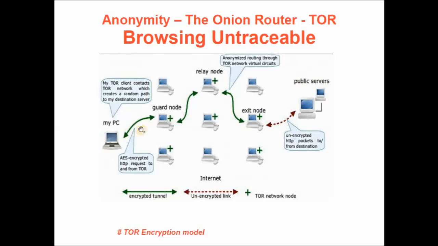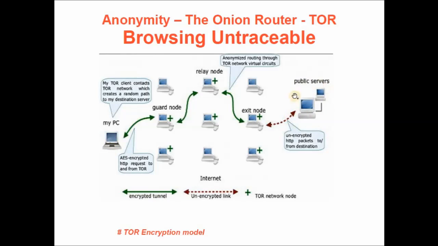So your connection will be encrypted. As you can see, the green lines are the encrypted connections, and the red one is not encrypted. So the red one is insecure and the green one is secure. What happens in this case is that your IP address will not be exposed to this server.